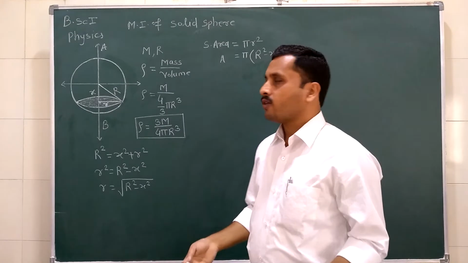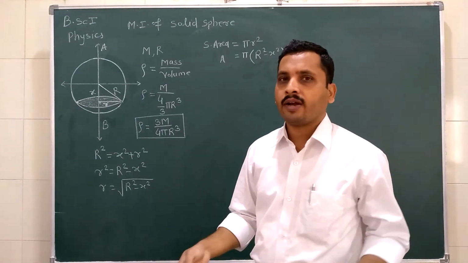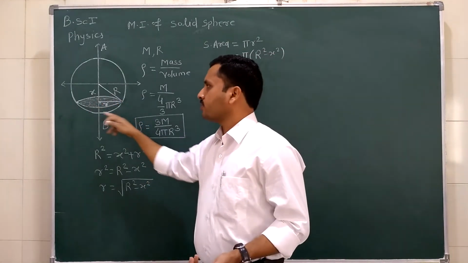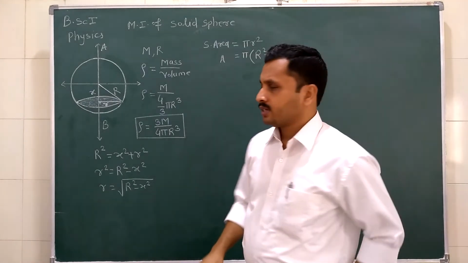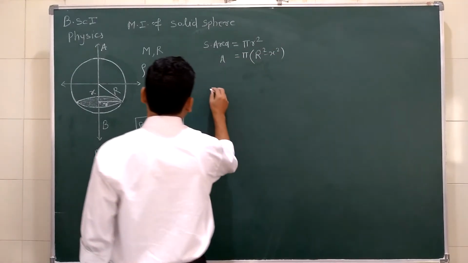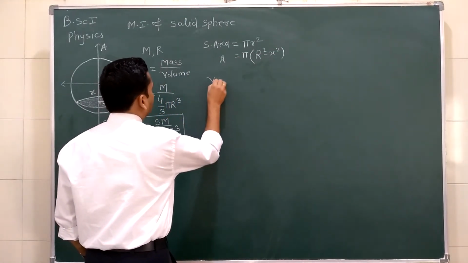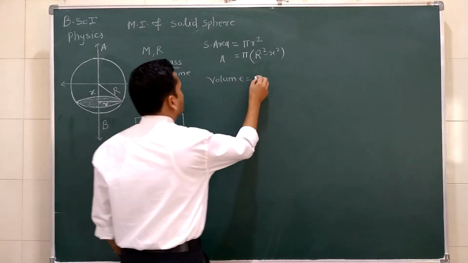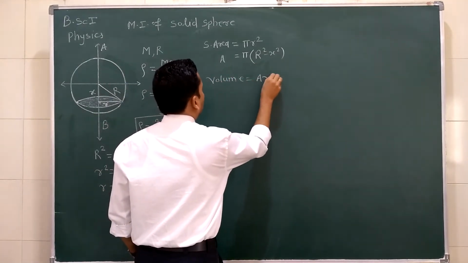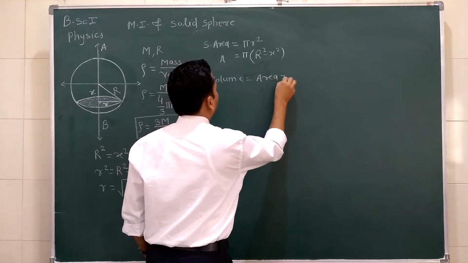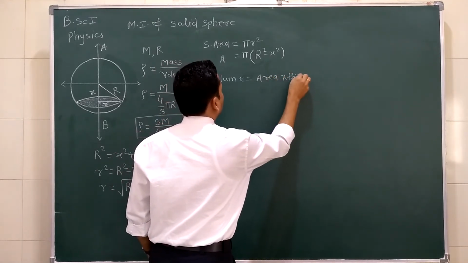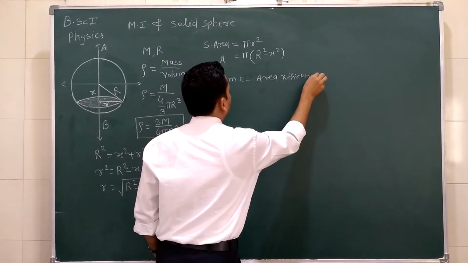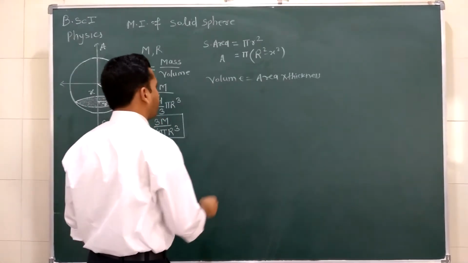Now we have to find the volume of this disc. How can the volume be calculated? The volume is equal to area multiplied by thickness.